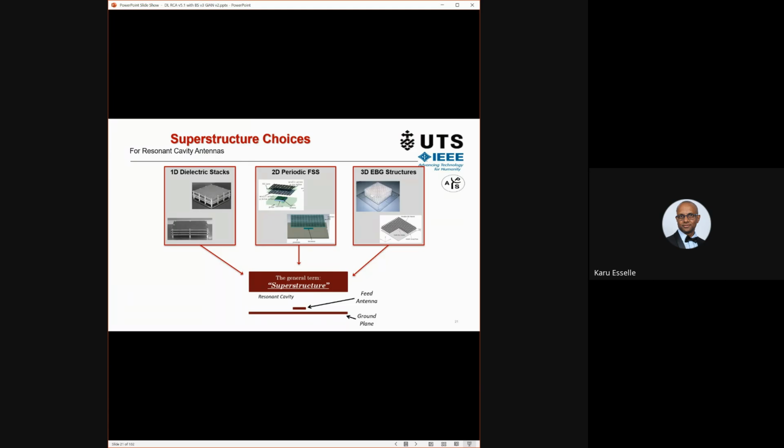People came up with quite different types of superstructures. Three examples are shown here, ways of making these superstructures. One method is using a dielectric stack, a stack of dielectric slabs. No metal in the superstructure, they're all dielectric.